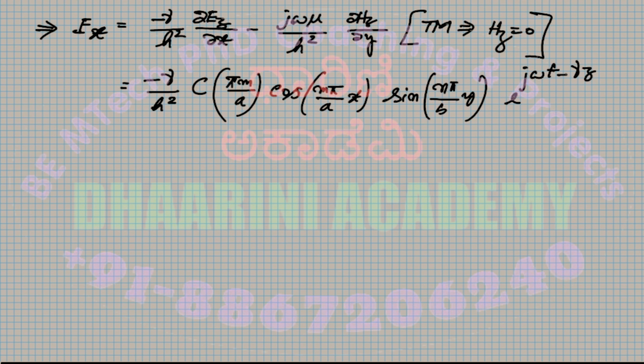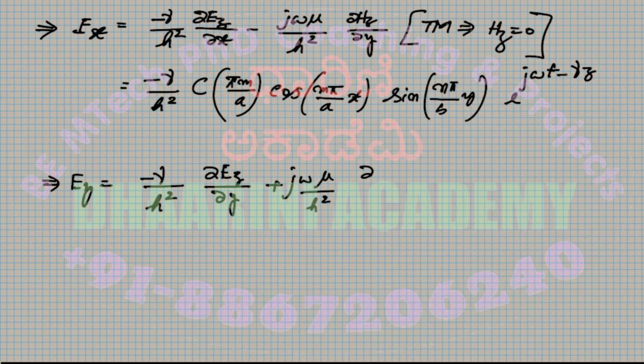Very similar to that, now we need to substitute in the equation of Ey. Recall the equation for Ey was minus gamma divided by h square, dou Ez by dou y, plus j omega mu by h square, partial derivative of the z component of magnetic field with respect to x. Anyway, Hz is not there, so we'll substitute only for the first part, dou Ez by dou y.